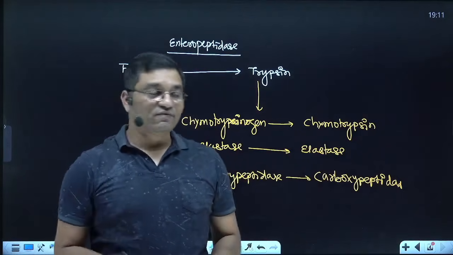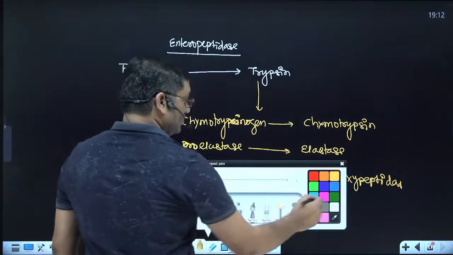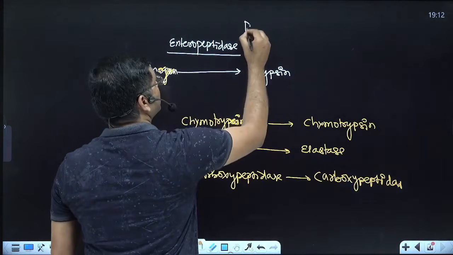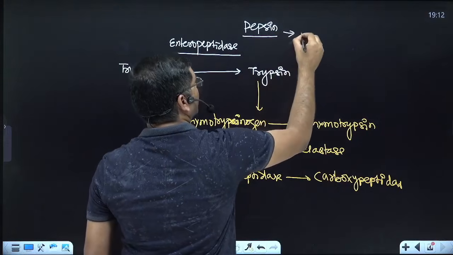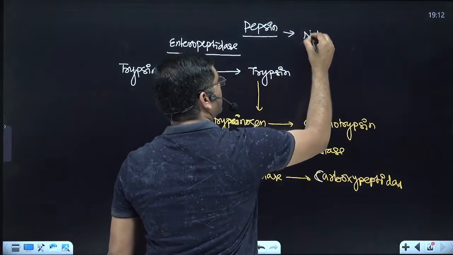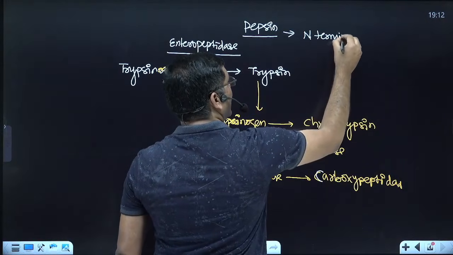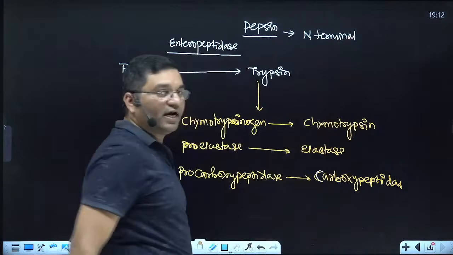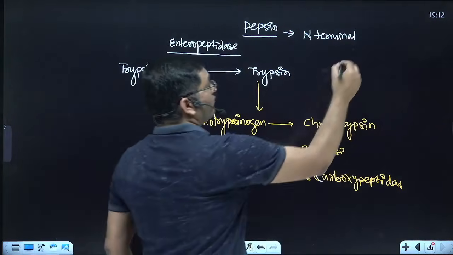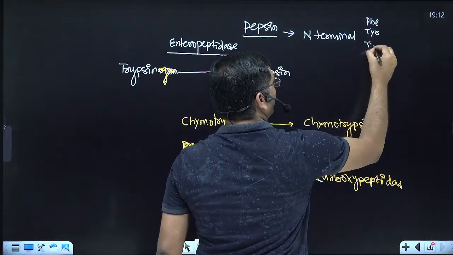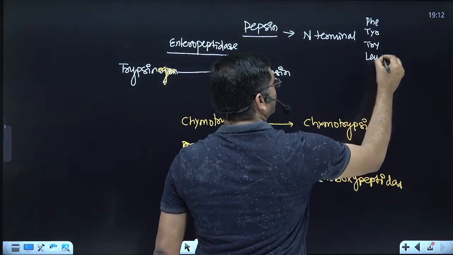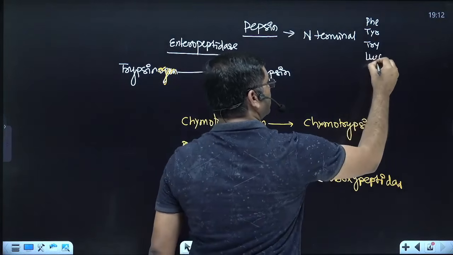Once again, we will revise the mechanism of action. So pepsin will act on the amino terminal or N terminal, on the peptide bond formed by the N terminal phenylalanine, tyrosine, tryptophan, leucine, and some acidic amino acid.